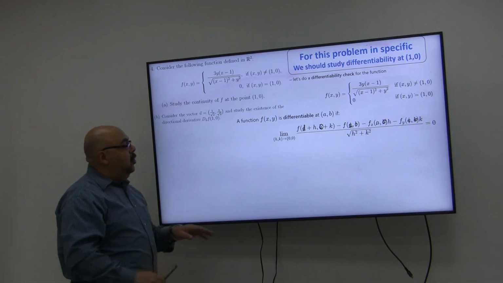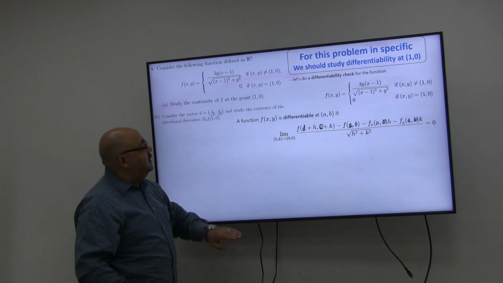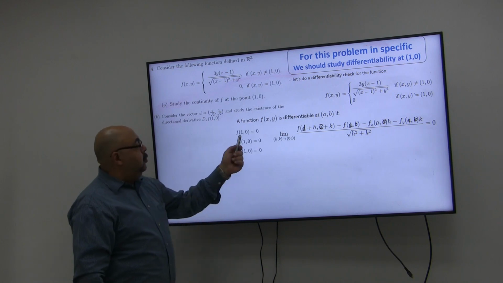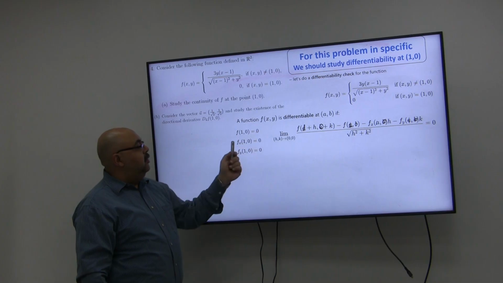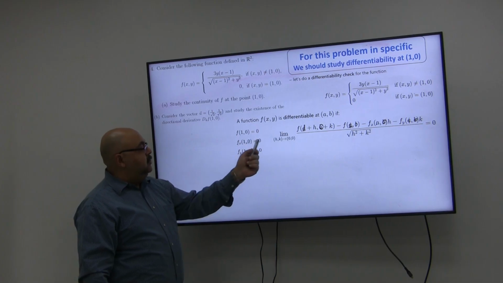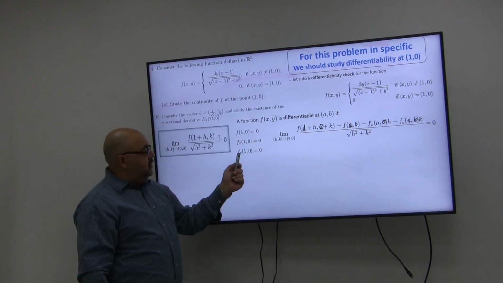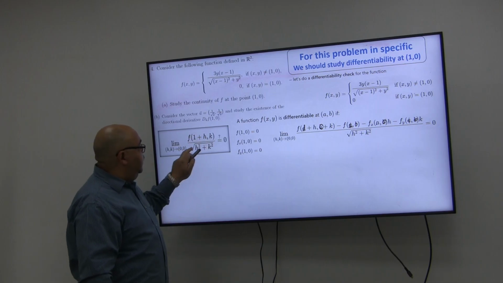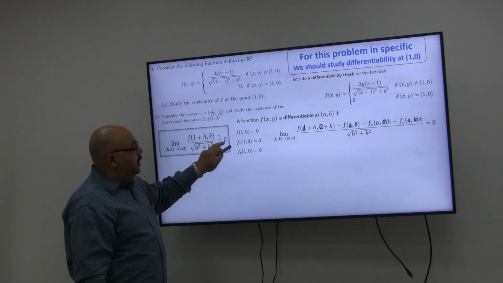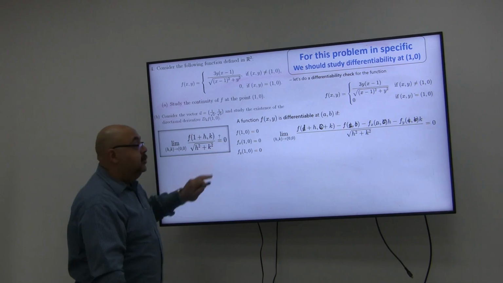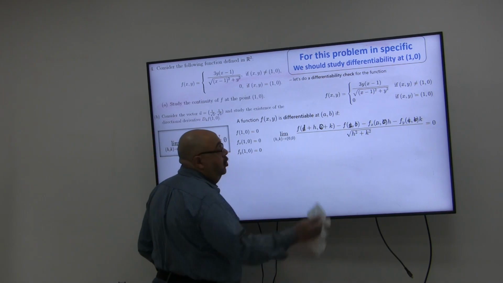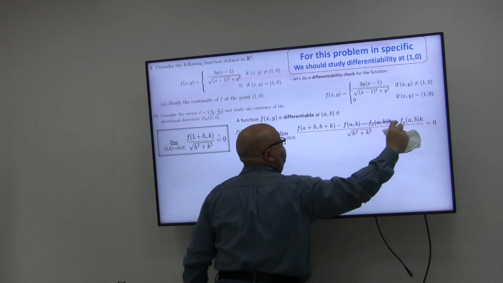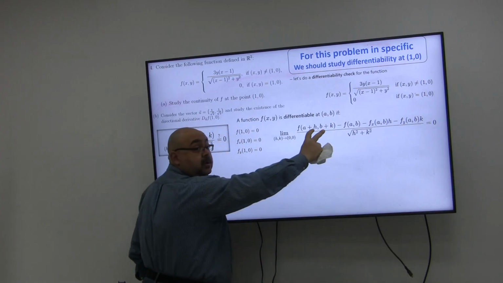And f at (1, 0) is equal to 0. The partial derivative at (1, 0) is equal to 0. So all of this is equal to 0, and I'm dealing with this part only.